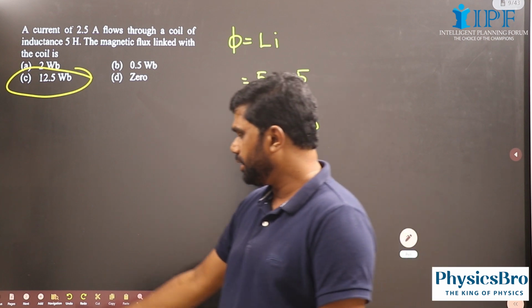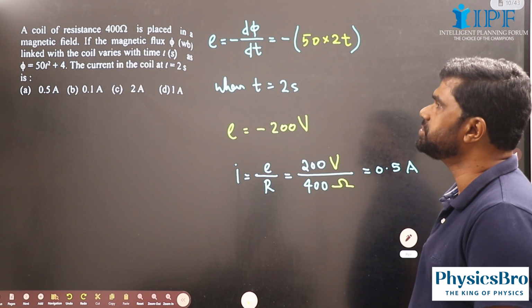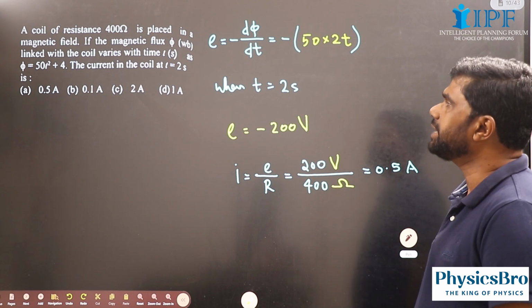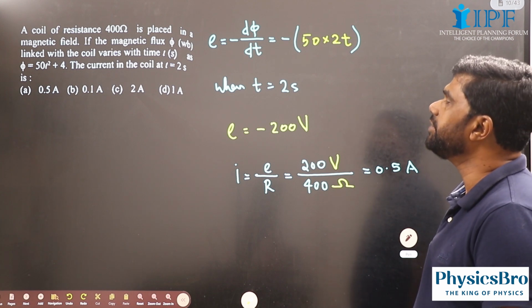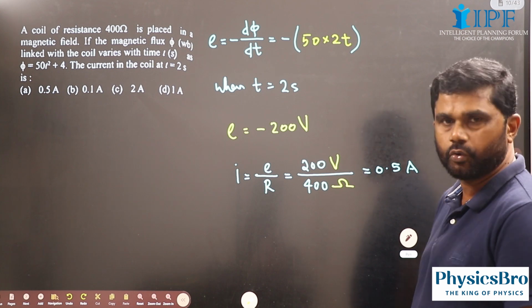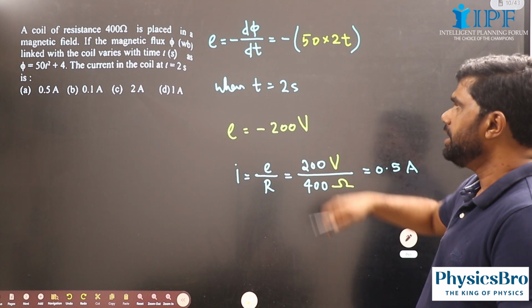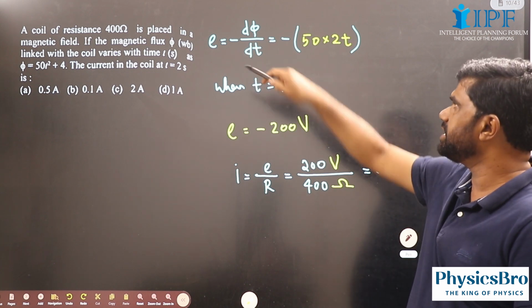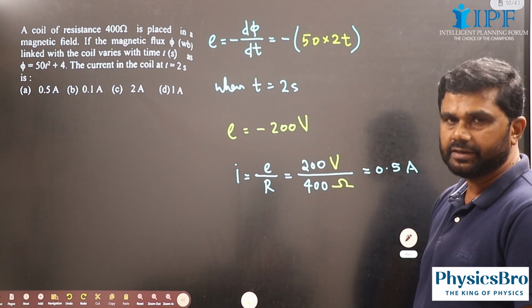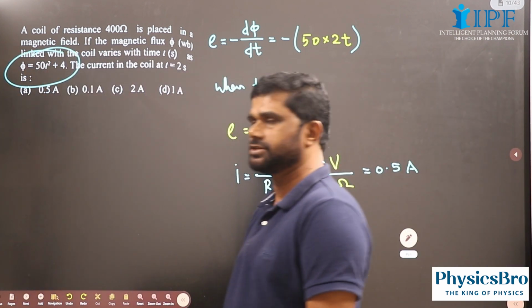Okay. Now let's see what we have next. A coil of resistance 400 ohm is placed in a magnetic field. If the magnetic flux linked with the coil varies with time t as phi equal to 50 t square plus 4, find the current in the coil at t equal to 2 seconds. Induced EMF E equals minus d phi by dt. See, this is the magnetic flux that we have to differentiate.